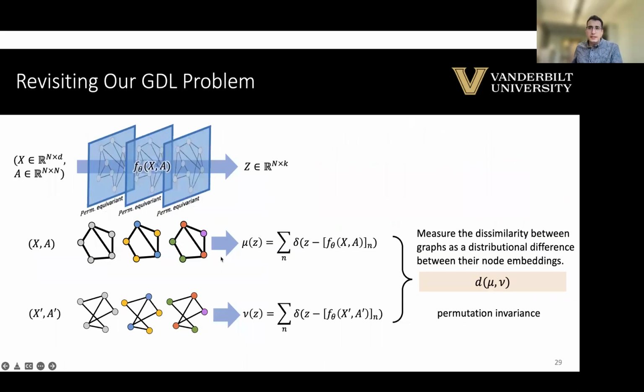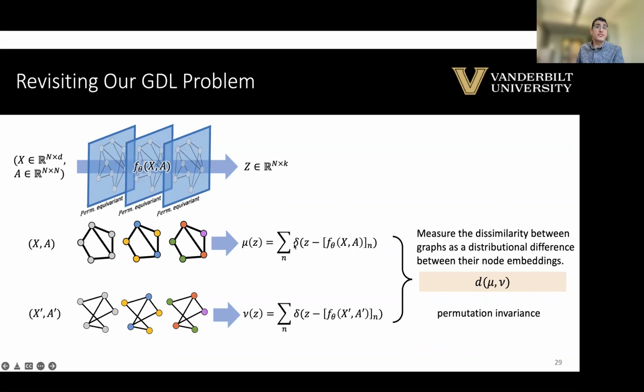Okay, so then quickly, if you revisit our geometric deep learning problem, now we can think of, after these permutation equivariant operators that we had, we said that we are going to have an empirical distribution in our node embedding. Let's call them mu and nu, and so they're defined as follows. We treat the embedding of each node as a mass particle with equal mass assigned to them.